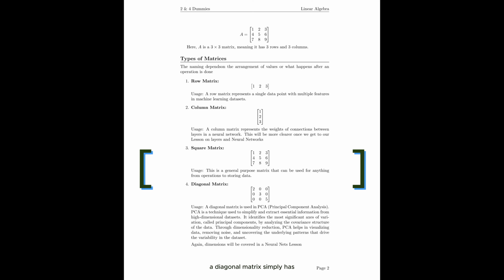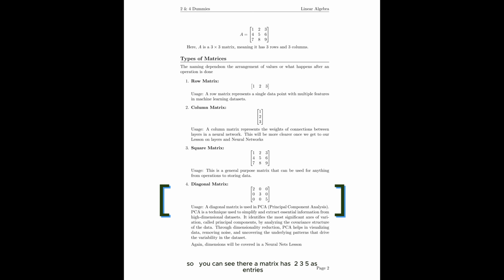A diagonal matrix simply has 0 elements except on its leading diagonal, where it has some entries. So we can see there a matrix has 2, 3, 5 as entries. An identity matrix can be seen as a diagonal matrix where the leading diagonal elements are just ones.